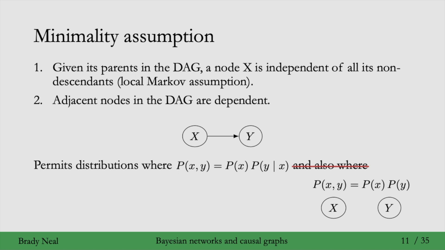You can think of the minimality assumption as just giving us a way to select which of those graphs we're going to use to represent this fully factorized distribution. It means that we're going to use the graph that has the minimal number of edges that this distribution is Markov with respect to. Okay, so you can think of this minimality assumption as kind of like expressing our preferences for what kinds of graphs we'll use to describe different distributions.